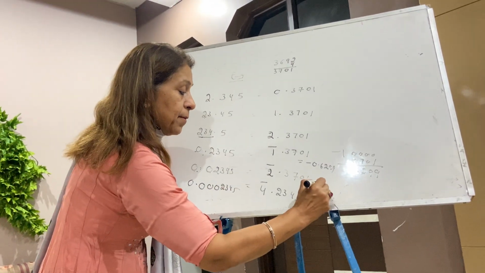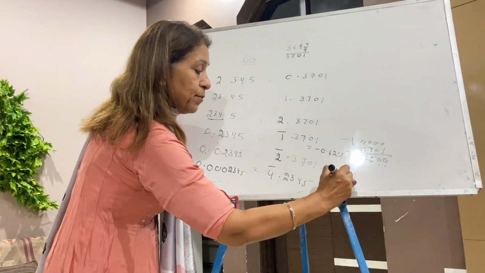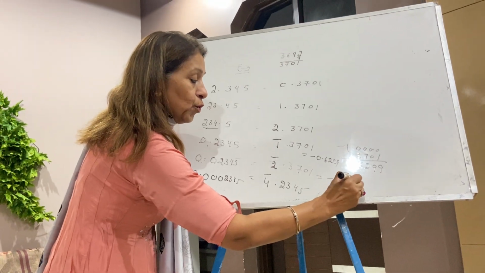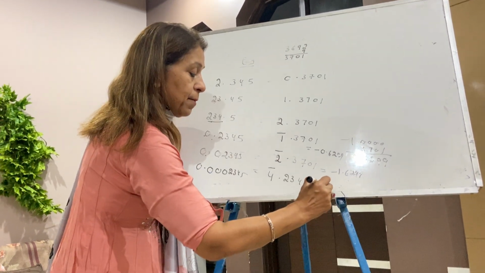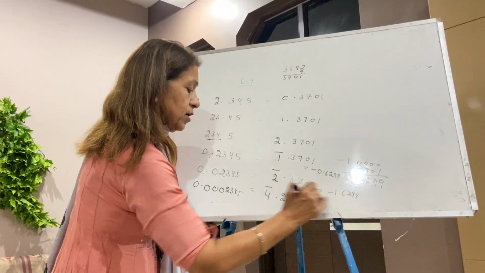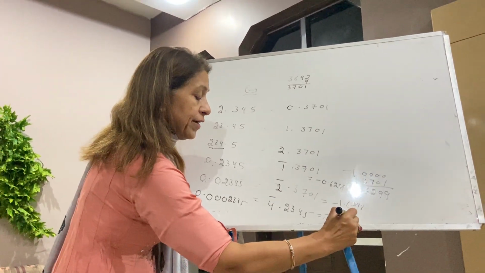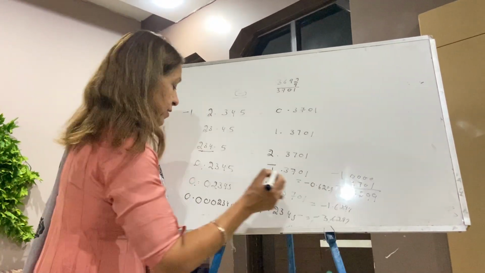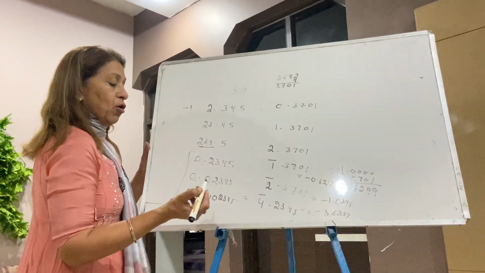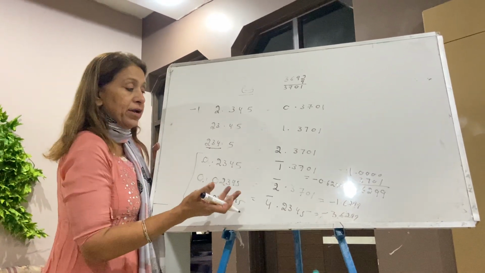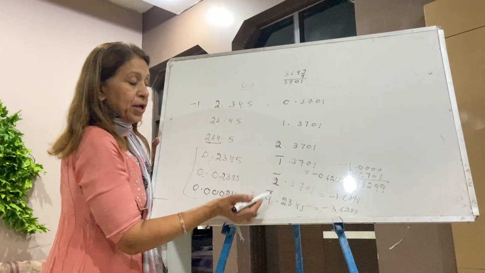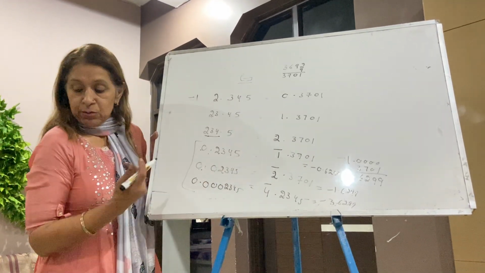Here your answer will come minus 1.6299. Your answer will come minus 3.6299 for the 4 bar. There is one more way. When the log comes, I will tell you another way to calculate. If you feel difficulty in writing bars, there is one more way that we will take later on.